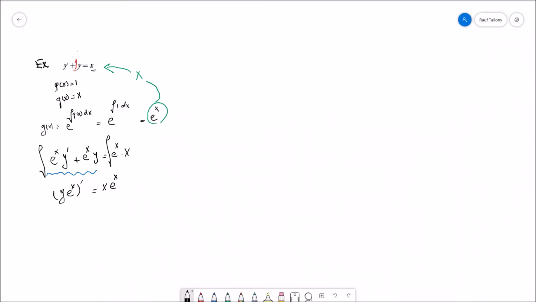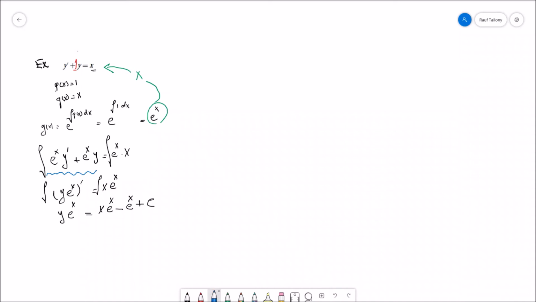Having integration on both sides will get rid of this derivative, so it will give us y multiplied by e to the power x equal the integration of x multiplied by e to the power x, which equals x e to the power x minus e to the power x plus c.